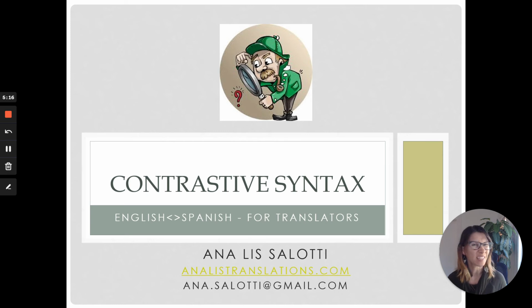We're going to know what transitivity is, what's the relevance behind knowing what's a direct object, what's an indirect object in both languages. We're going to know, for example, also what happens when we have long phrases like relative clauses or long noun phrases, and how to disentangle or unpack the meaning of those long phrases, how to transfer them ultimately into your target language.